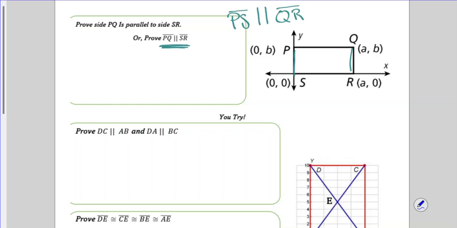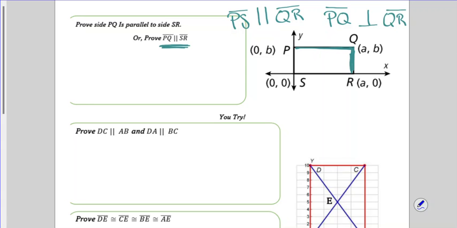One more notation I'm going to point out right now is perpendicular. So I could also say that PQ is perpendicular to QR. I am going to cover this notation a little bit more in detail, but I just wanted you to be familiar with those two right now.